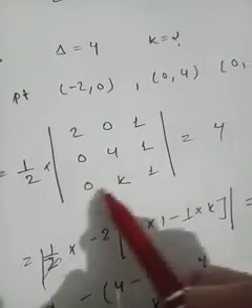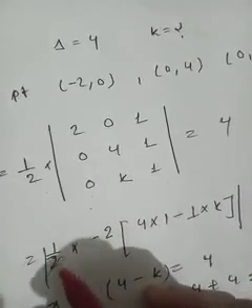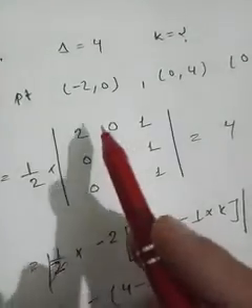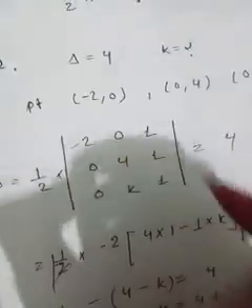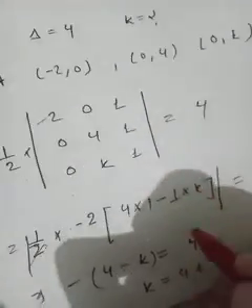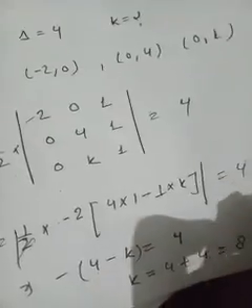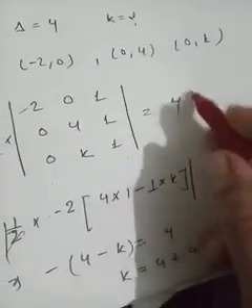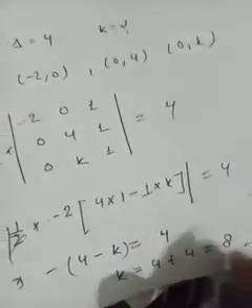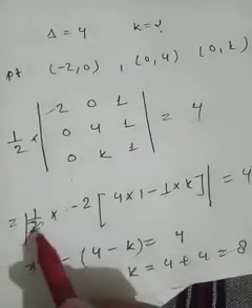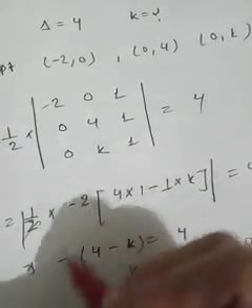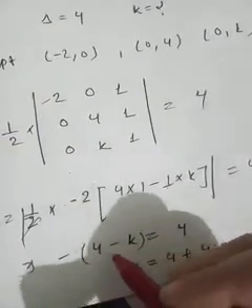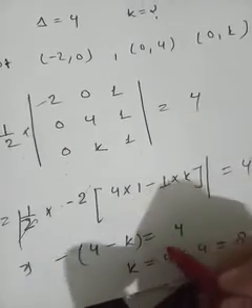You get 1/2 into minus 2 into (4 into 1 minus 1 into k), equal to 4. It is given that the area is 4. The 2 is cancelled out, but the minus sign is left, so we have 4 into (1 minus k) equal to 4.